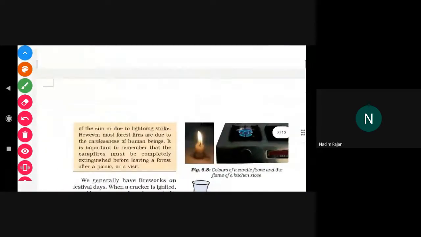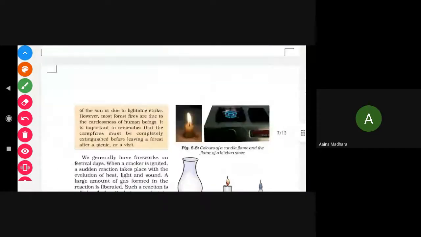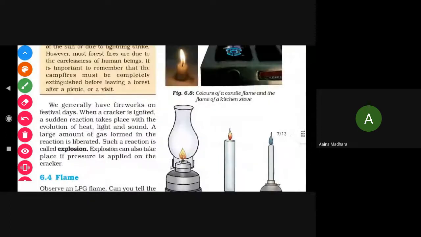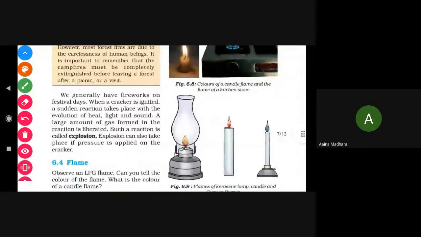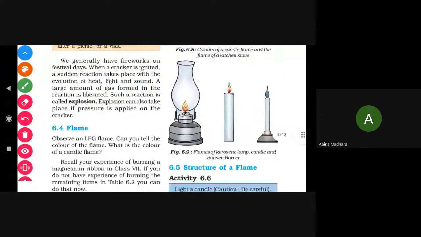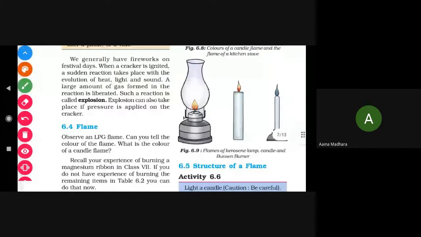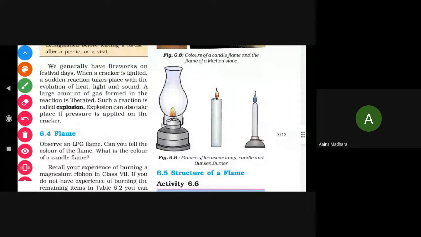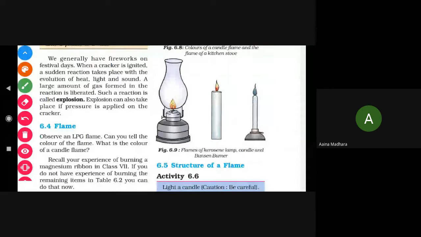Ma'am, can I read? Aina, yes, read beta. We generally have fireworks on festival days. When a cracker is ignited, a sudden reaction takes place with the evolution of heat, light, and sound.